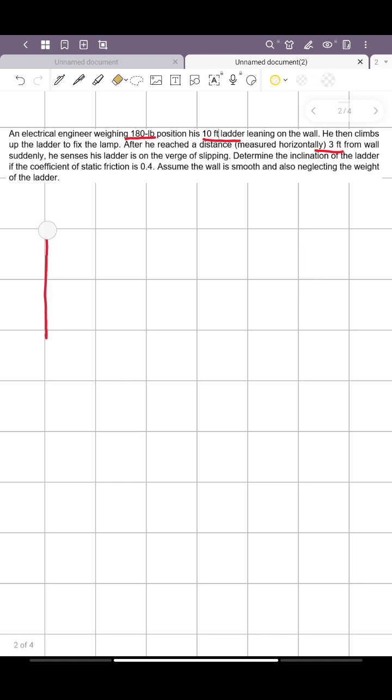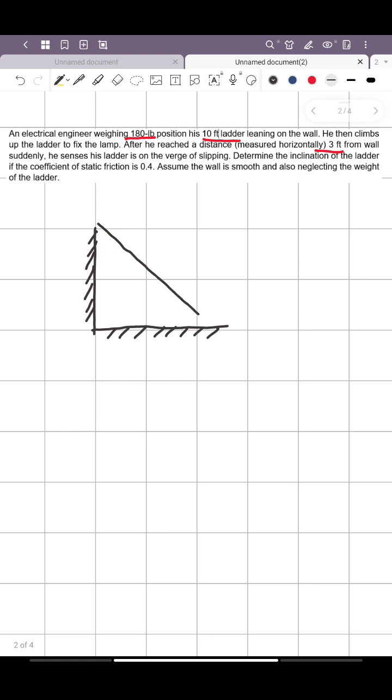So first, this is your example. This is your wall. Then this is your floor. Then you have the ladder. Ito daw yung ladder natin.